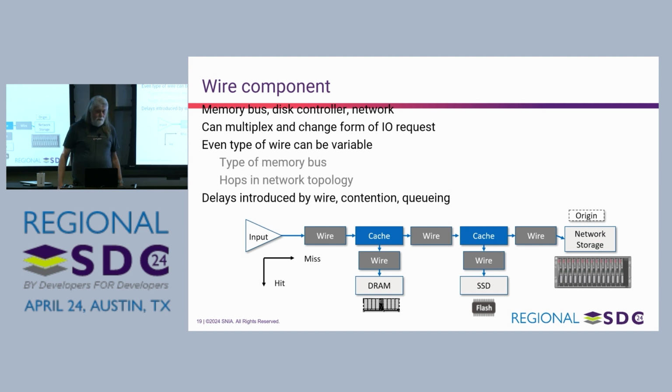Similarly, the wire components would be memory buses, Ethernet, disk adapters, whatever would interconnect these various different devices. They can even transform a request, like in this case, something coming in as an HTTP request that would get translated into an Ethernet request.